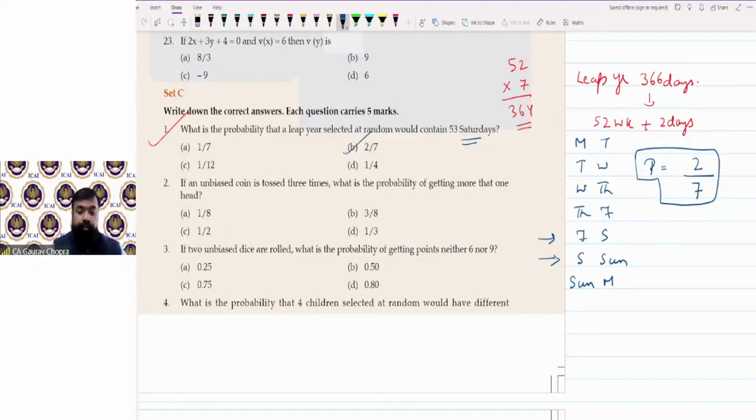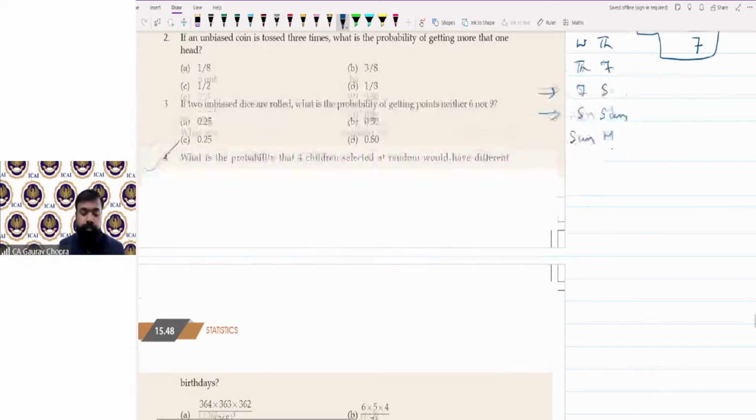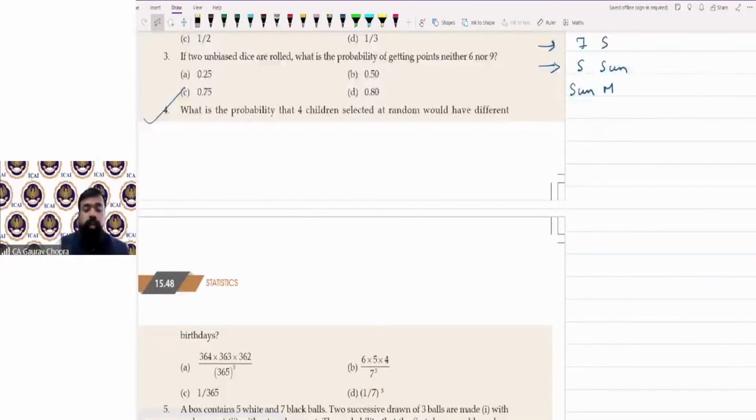Then the next one is fourth one. Let's try the fourth one. What is the probability that 4 children selected at random would have different birthdays? Now there are 4 children, and what is the probability that they are having different birthdays? So for that, we can say that a child can have any day as the birthday.